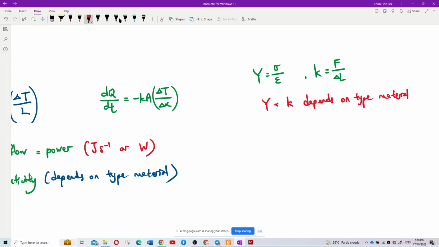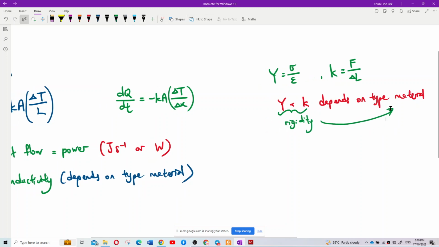In fact, they measure how tough the material is. It's a measure of the rigidity of the material.